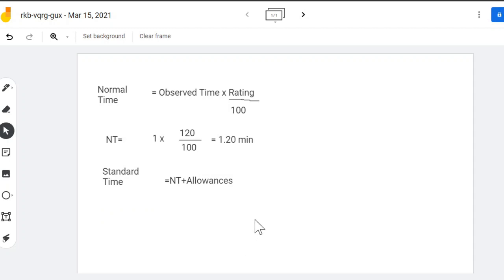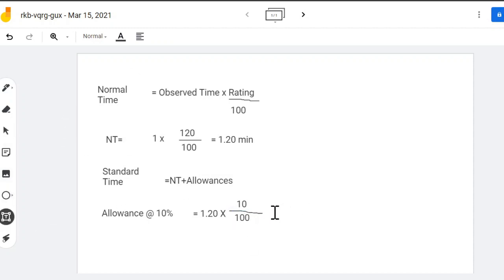So, for the allowance of 10%, we take 1.20 times 10 over 100. How much is that? 0.12.